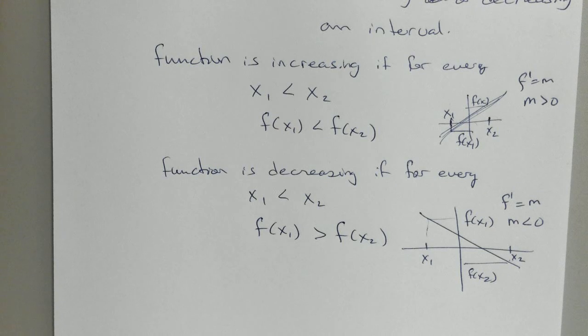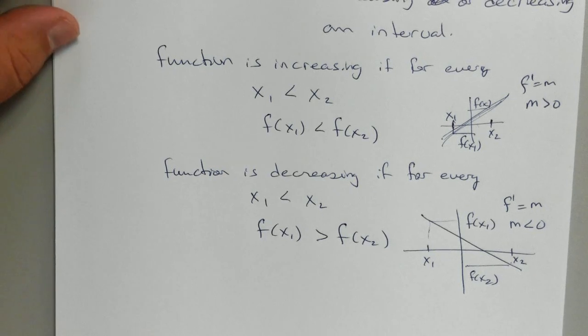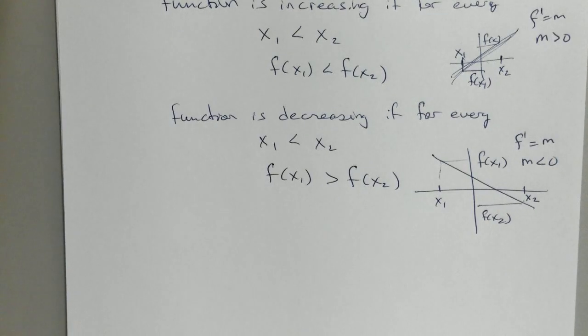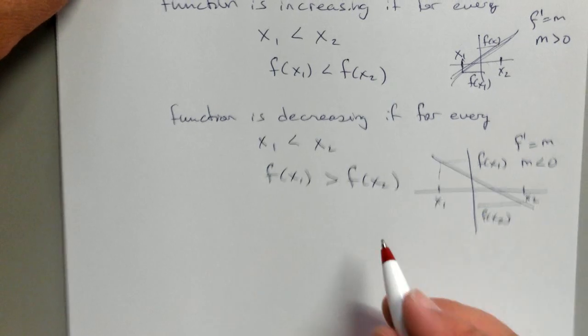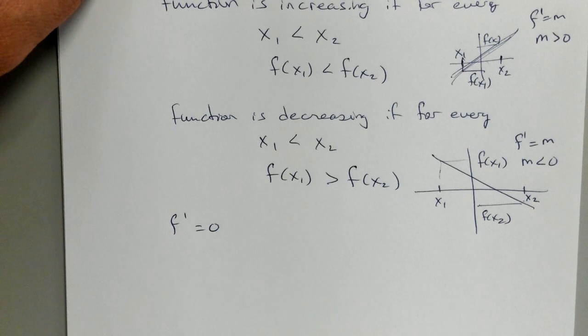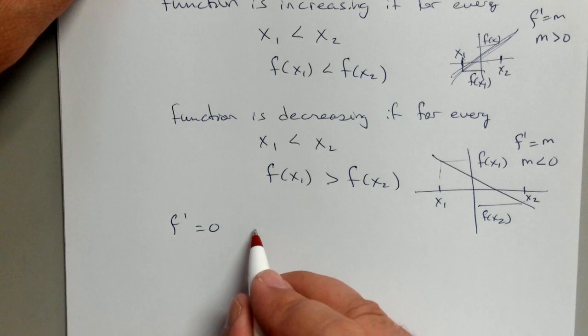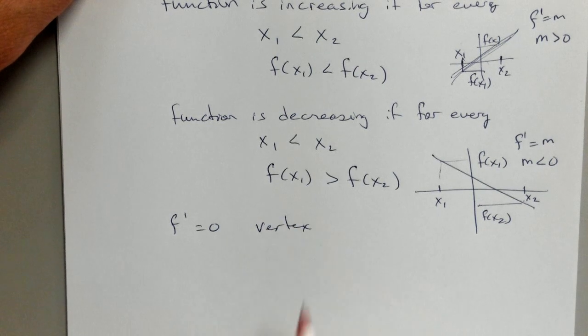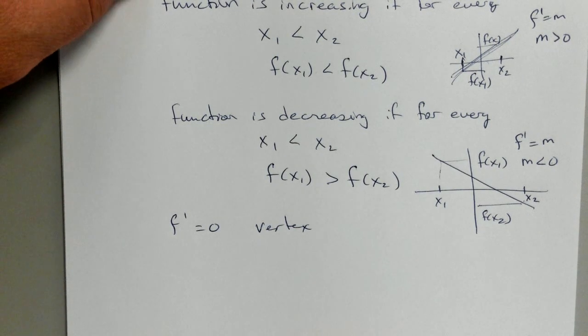If so, where does it change? Yeah, at f prime equals 0, that's the vertex, where the slope is 0.